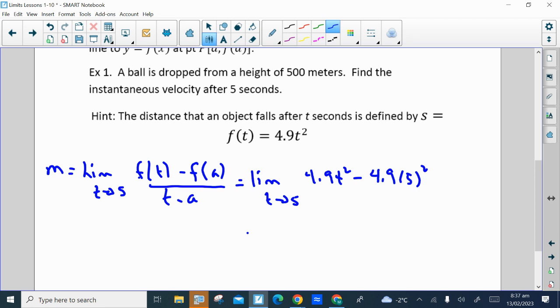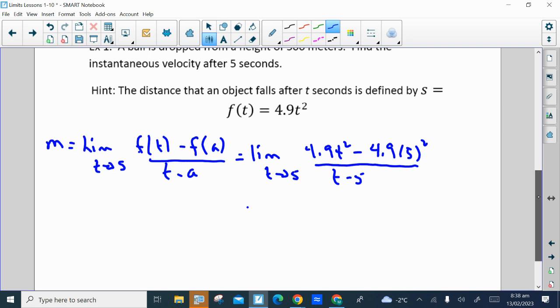And so the second term on top is the value of the function when t equals 5, all over t minus 5. So again, 5 is a non-permissible value, which we've seen is normally the case. So we need to do something to get rid of that t minus 5 on the bottom.